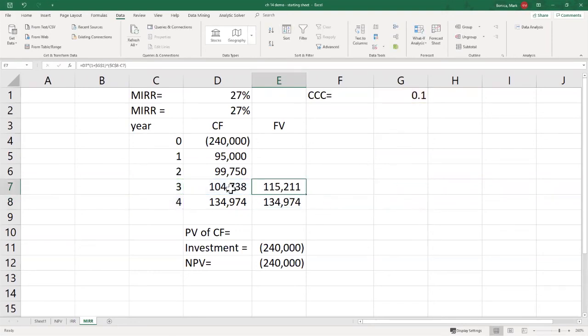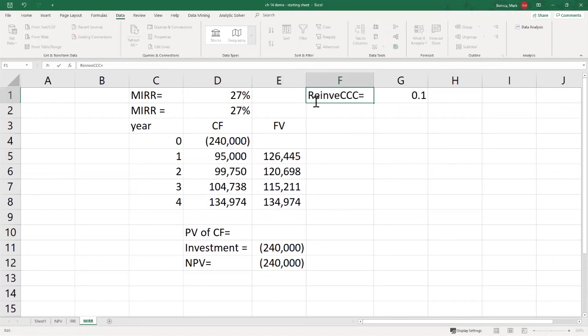So the future value of 104,738 carried forward 1 year would be 115,000. Now I should be able to copy this back if I did the formula correctly, which I believe I did. So 95,000 carried forward 1, 2, 3 years is worth 126,000 if it's carried forward at a 0.1. So we'll relabel this the reinvestment rate.